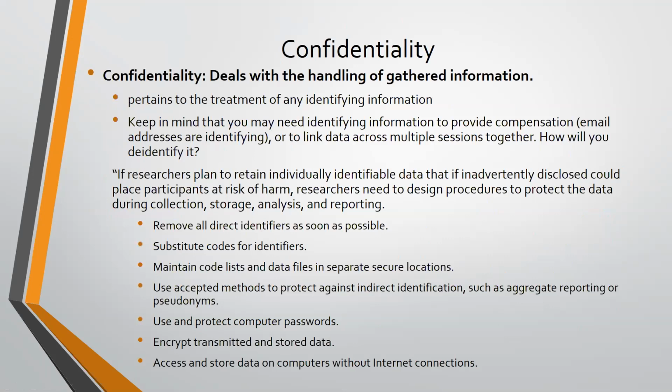We would always have to say that we would store it in a locked office in a locked cabinet, and they're stored separately from the identifying information. So some of that kind of sounds silly, but it's necessary to explain in here. And so you can just kind of take some of these things here and explain what your identifying information is, and then how you're going to take care of it, make sure it's safely secured, and that it's also kept separate from the other types of information.